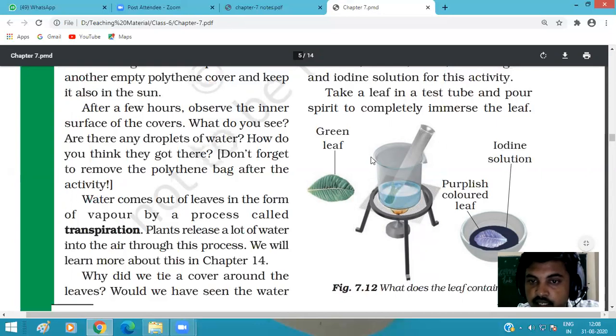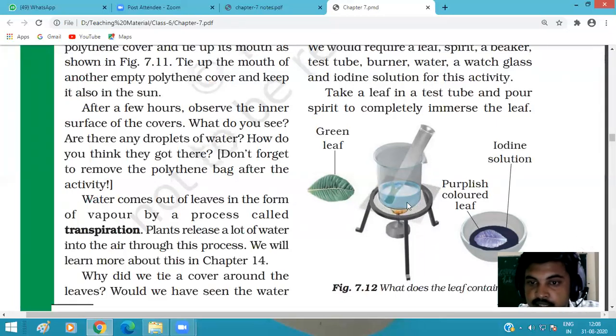This test tube is put into a beaker that has water, placed on a tripod stand with a wire gauze. When we heat the beaker with a lamp, after some time what do we see? The green color of the leaf separates out and dissolves into the spirit, and the leaf becomes colorless.